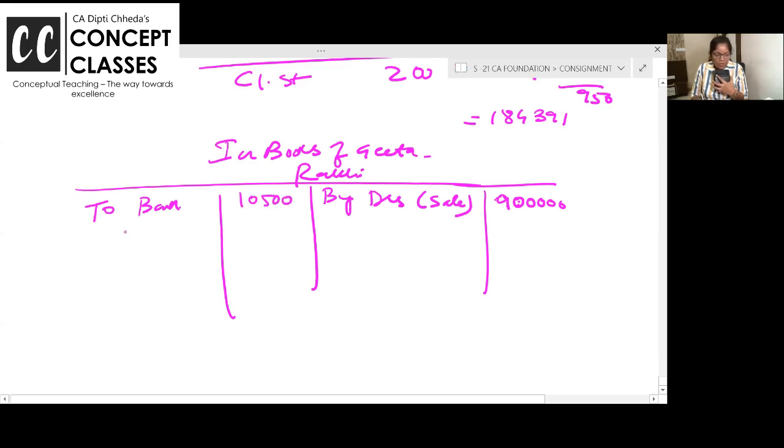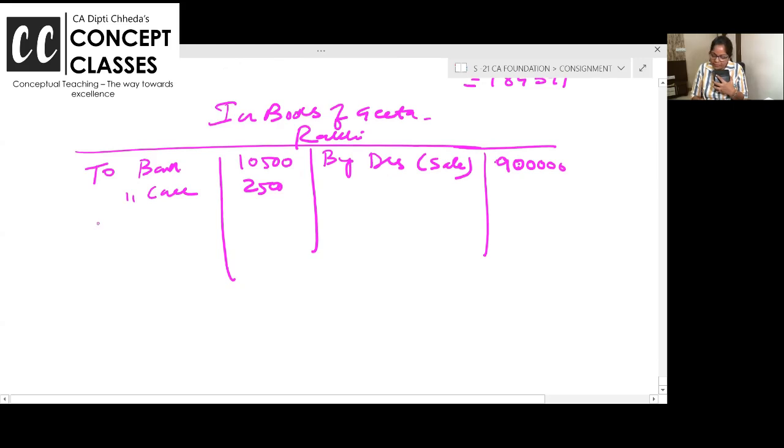They'll incur 10,500 expense. Carriage, they will incur 2,500. Commission, we will give them. Two datas nahi, sorry. Just 1 second. I think we'll have to practice.